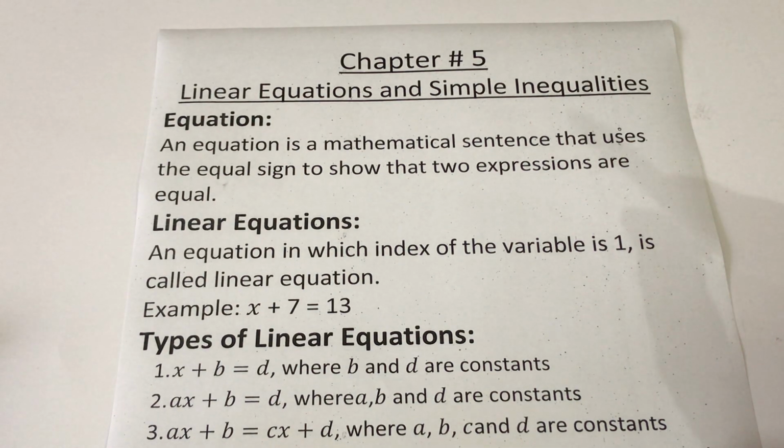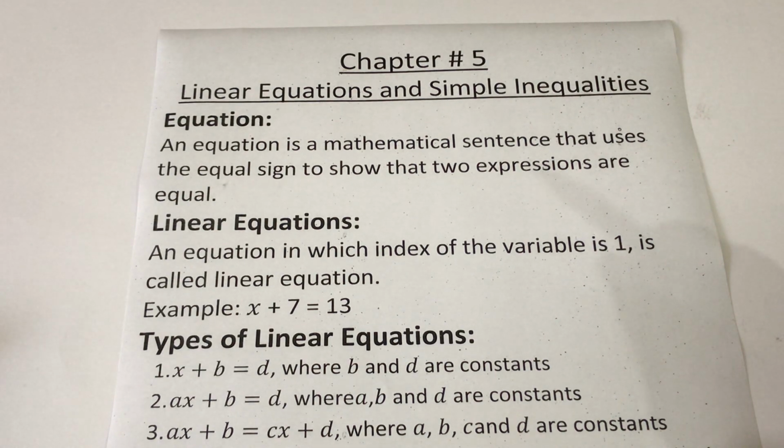In chapter number 4, we have learnt about algebraic expressions, their simplification, their addition, subtraction, multiplication, and division. In this chapter, we will learn about equations. Students, as you all know, an expression that consists of operation symbols, brackets, is known as algebraic expression.